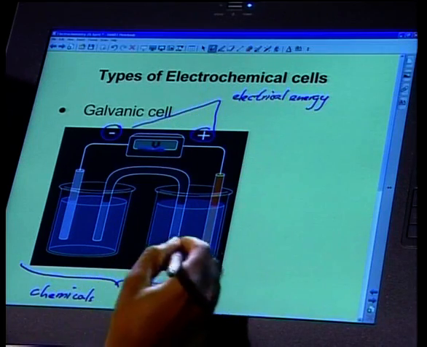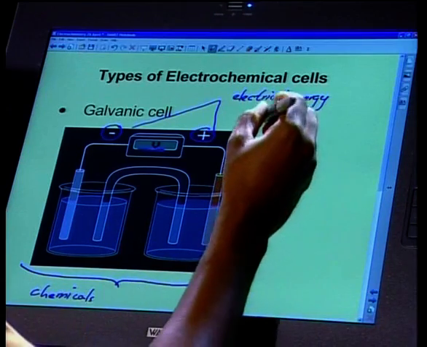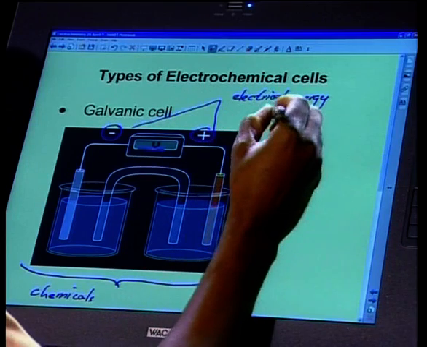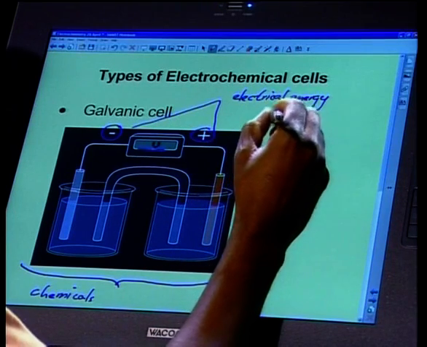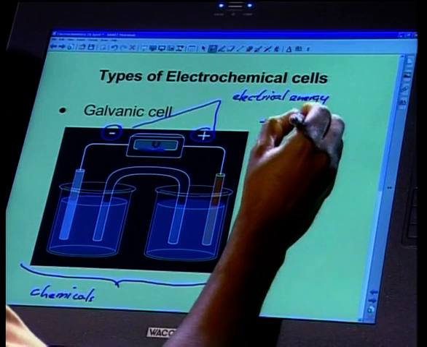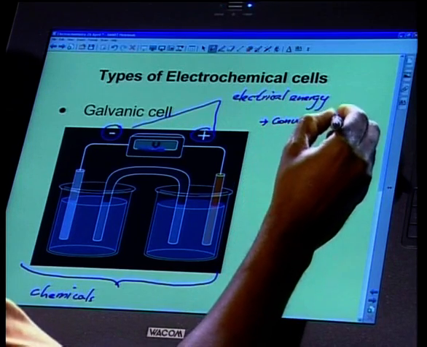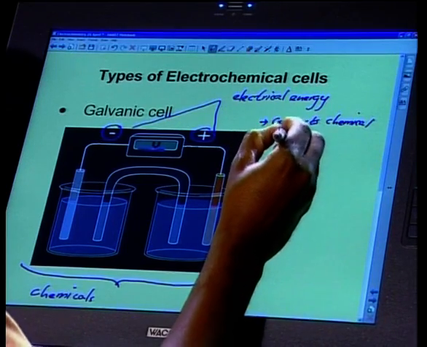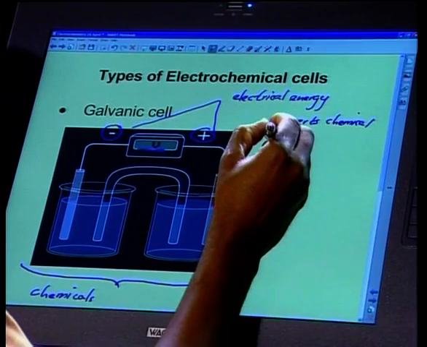So we have got a situation where this cell here converts. So a galvanic cell converts chemical energy into electrical energy.